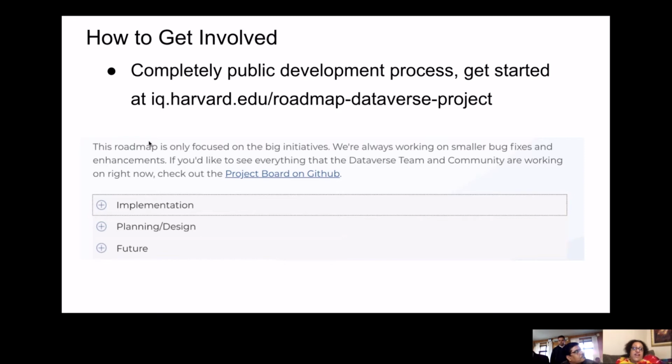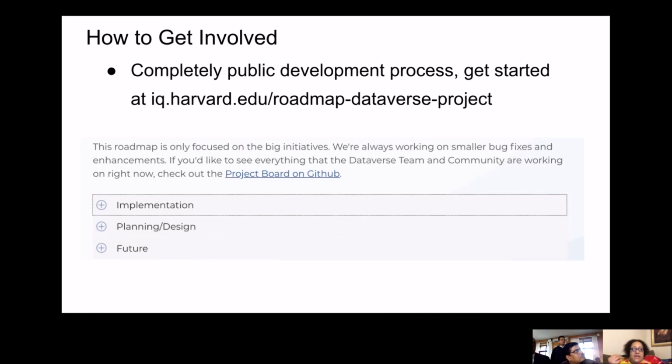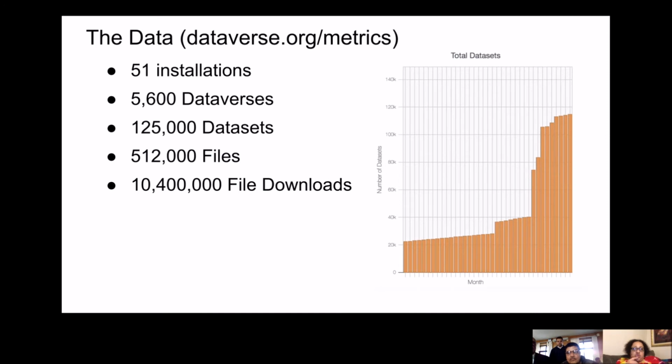But you'll also find our roadmap for implementation, planning, and future. GitHub is a big stop for anyone who is involved in having an installation, because that is where you talk about features that your institute is in need of developing, and you get people on board to help you develop.